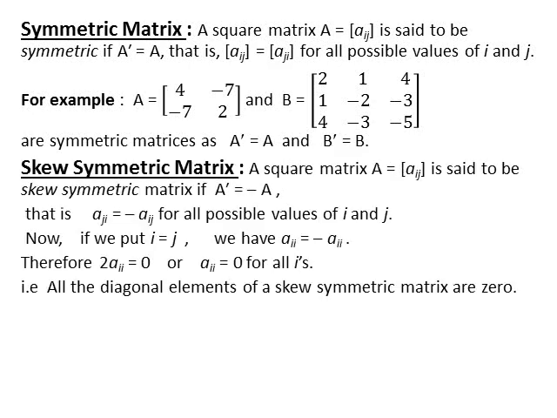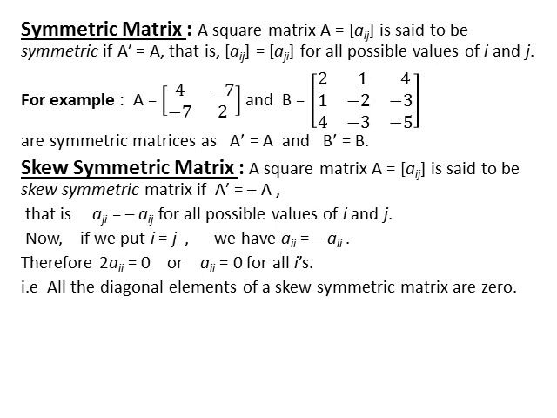Next is the skew symmetric matrix. A square matrix A is said to be skew symmetric if the transpose of matrix A equals the negative of matrix A. It means Aji equals minus Aij. If we put i equals j, we have Aii equals minus Aii.